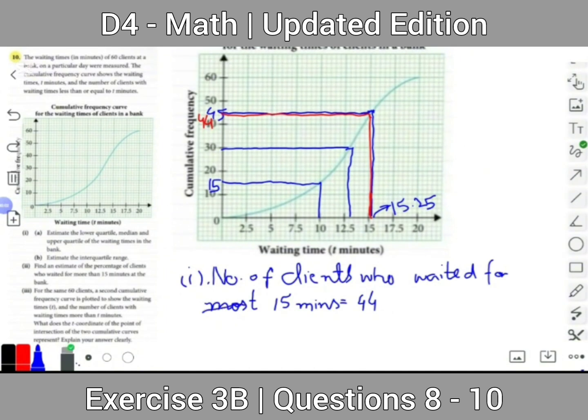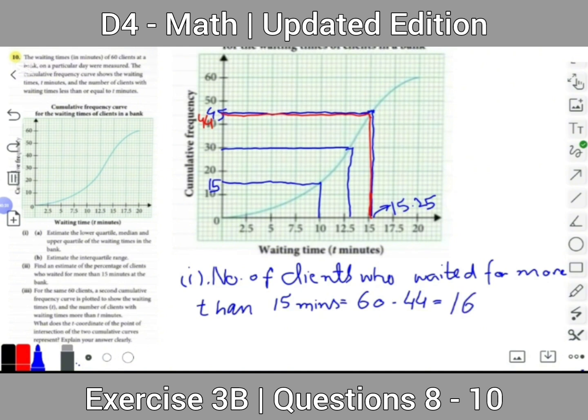Now the number of clients who waited for more than 15 minutes can be found by subtracting the number of clients who waited for at most 15 minutes from the total number of clients, and that is 60. So 60 minus 44 will be equal to 16. So 16 clients waited for more than 15 minutes.